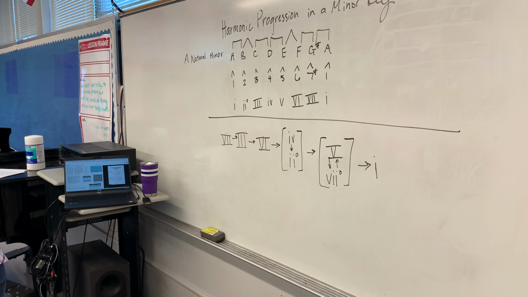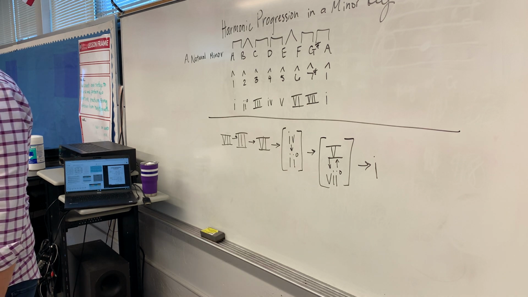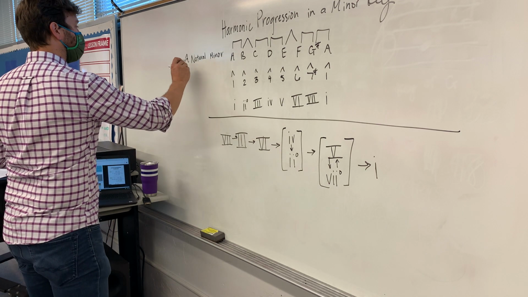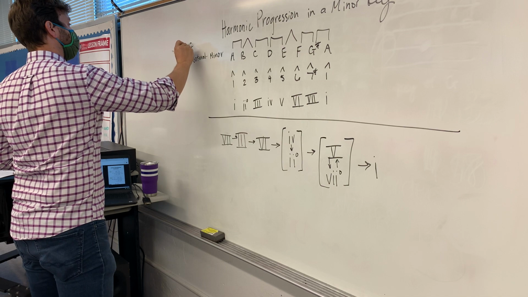But if I include that sharp, listen to what happens. If I don't finish that scale, it's going to bother you, right? And that's what the composers figured out. That kind of a scale is no longer natural, it's harmonic.